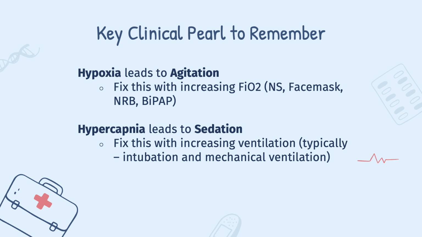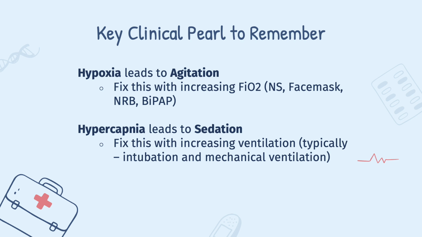A key clinical pearl to remember. Hypoxemia leads to agitation. They're the air cravers. Fix this by increasing FiO2, whether you're using a nasal cannula, a face mask, or BiPAP. And hypercapnia leads to sedation.